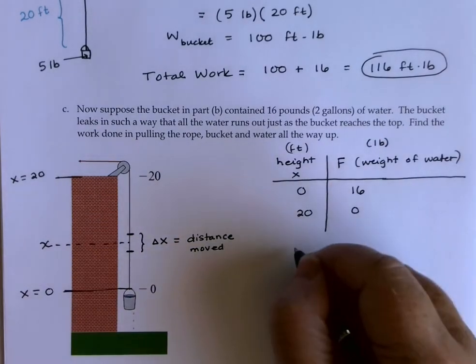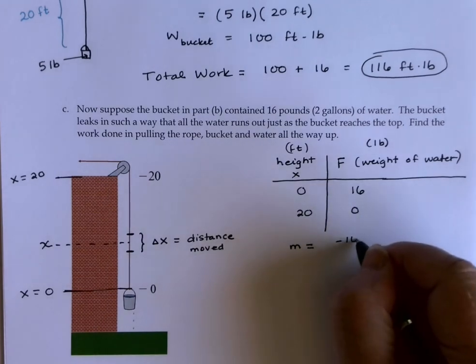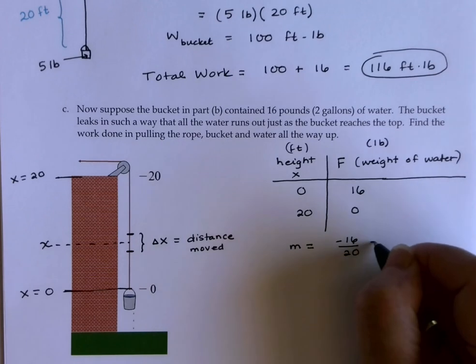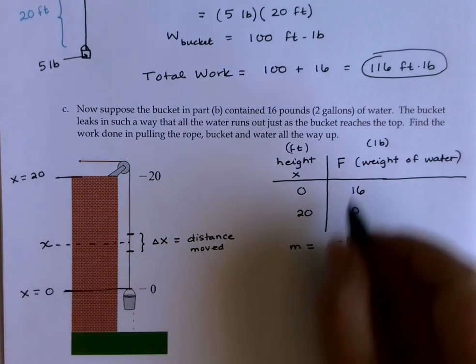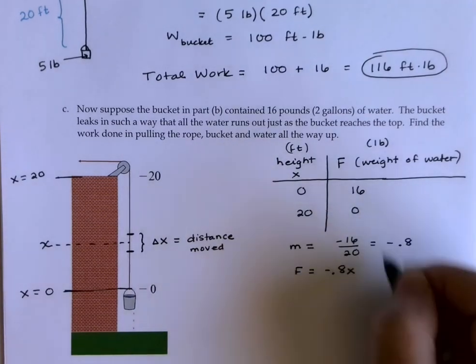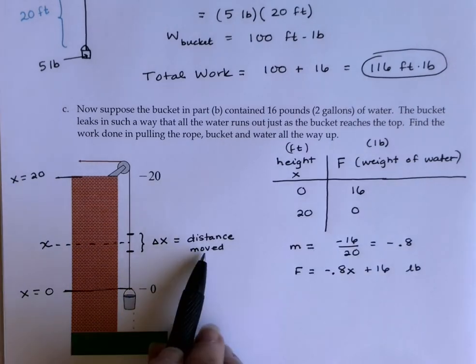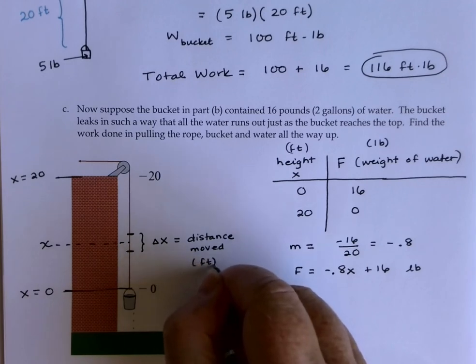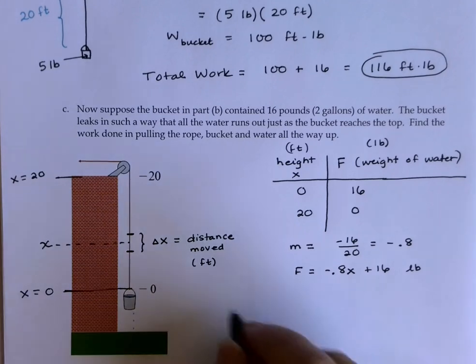If I make that into a simple linear equation, my slope would be negative 16 over 20, or negative 0.8. The y-intercept is 16, so the f value is negative 0.8x plus 16. And that would be in pounds of water. So delta x is my distance moved in feet. F is negative 0.8x plus 16. I've got everything I need.